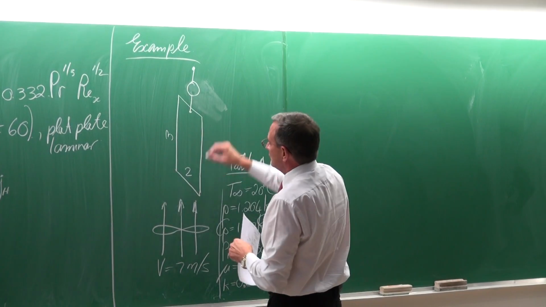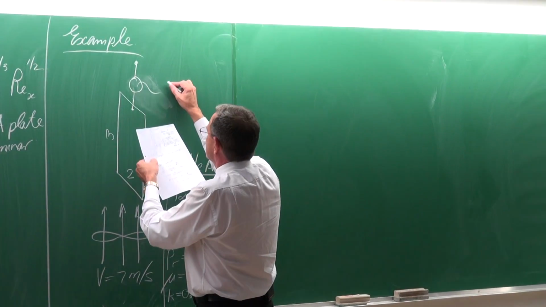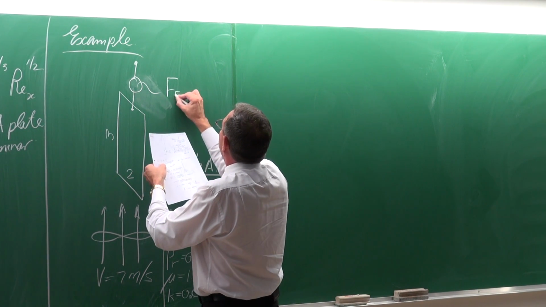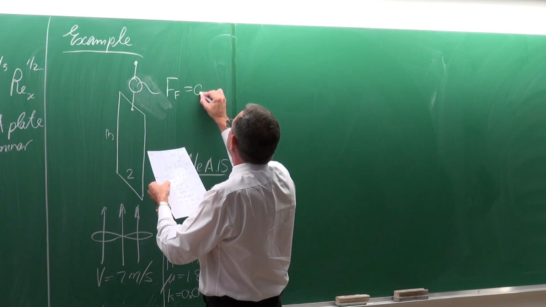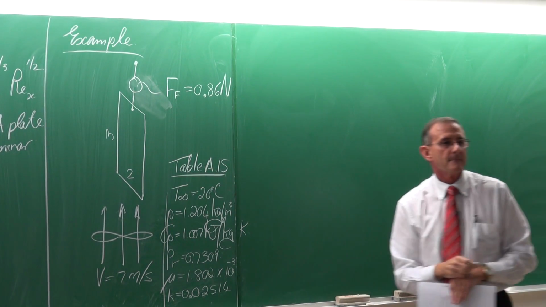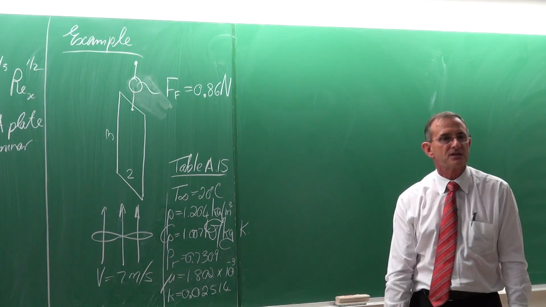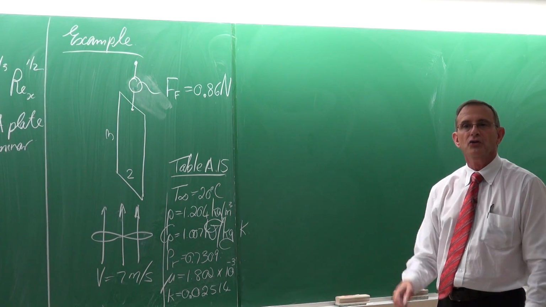After we've put on this fan, we can measure on the scale that the force is equal to 0.86 newtons. So the difference is 0.86 newtons, which is the drag on the flat plate.